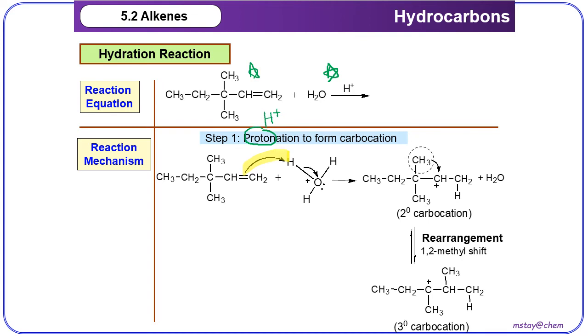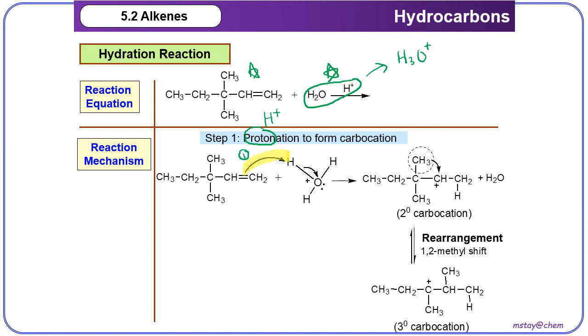Because we consider H2O neutral, but with the acidic condition H plus, this structure becomes H3O plus. So the acid in this case plays the role of a catalyst, like in the dehydration of alcohol to form alkene. So this is the first arrow that you are going to draw.